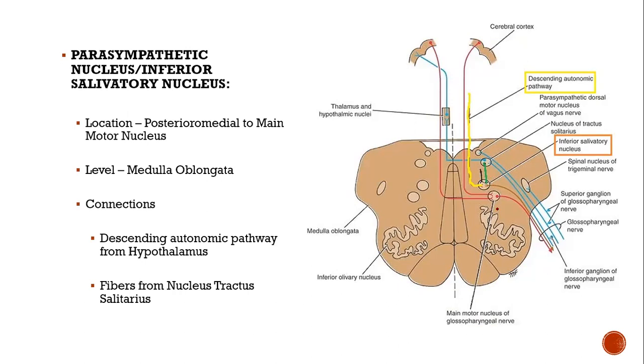And from there, the efferent fibers go to the glossopharyngeal nerve. Furthermore, as shown in green in this diagram, the line coming from the nucleus of tractus solitarius shows they are also interconnected, and these fibers come from the nucleus of tractus solitarius into the parasympathetic nucleus of the glossopharyngeal nerve.